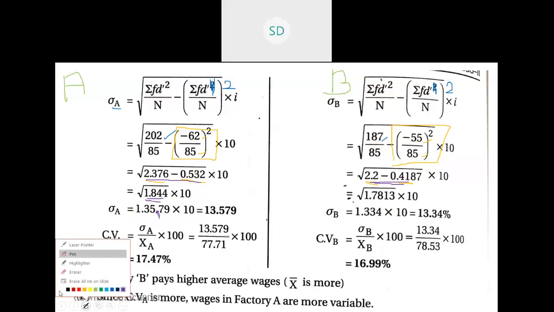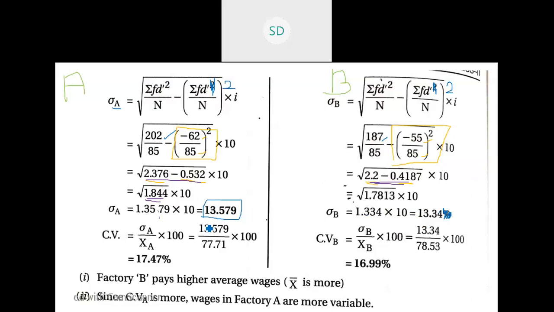Once you get that value, 1.3579, and multiply it by 10, you get a standard deviation of 13.597. This is not a percentage, though there are a lot of mistakes in the textbook calculations.